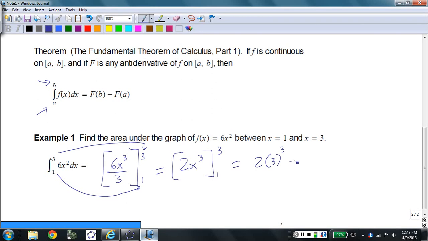Take the 1 and evaluate the expression there: 2 times 1 cubed. And subtract. I want to say that's 54. Does that look like 54? 27 times 2 is 54, minus 2. That's 52.